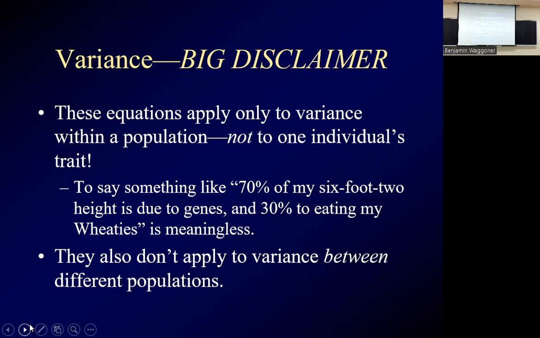We could calculate VG for height in the population of UCA, but we could do the same thing in a population of, I don't know, unfortunate refugees in Somalia, and we might get a completely different answer. These measurements are always, always, always relative to the specific population that's under study.